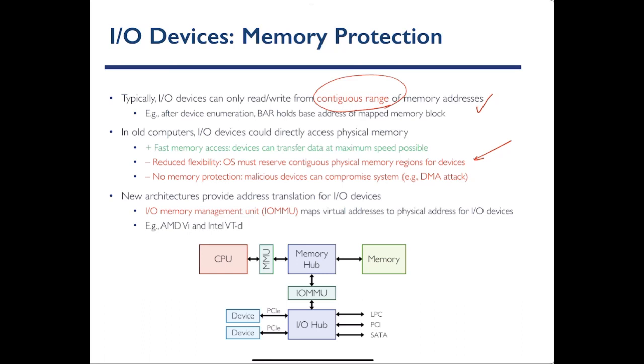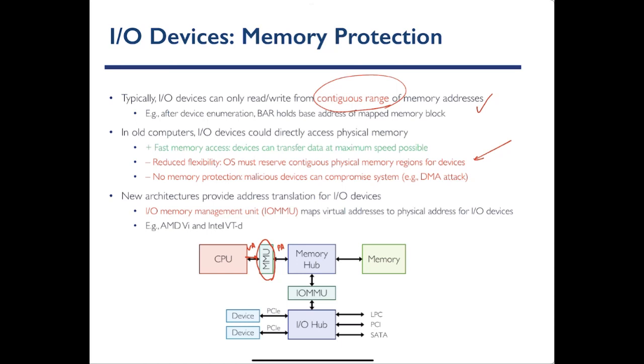Now, let's look at the diagram in this slide. If you remember, the job of translating addresses for the CPU was with the memory management unit, MMU. The CPU would create virtual addresses, and then the MMU would turn them into physical addresses, and that physical address would be sent to the memory controller, and then eventually to the memory to read the data.